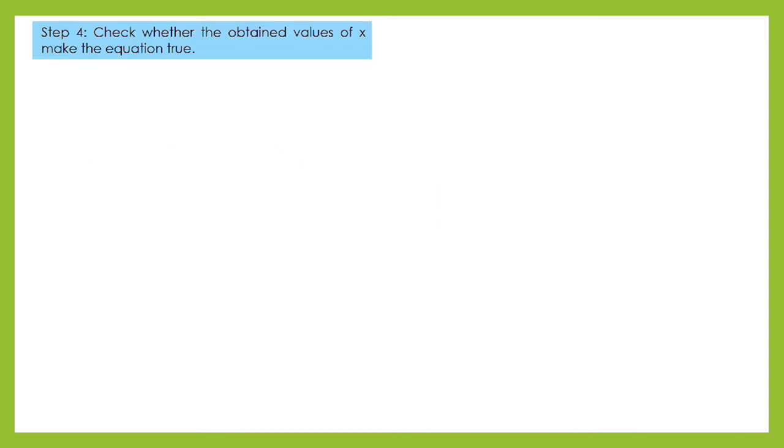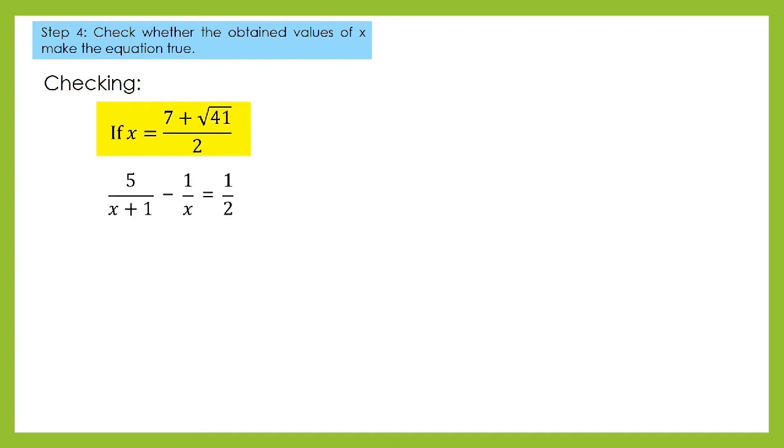Let's do the checking. The first root is 7 plus square root of 41 all over 2. Will it satisfy the equation? So, this is our rational algebraic equation. This is what we will use. Substitute the value of x.